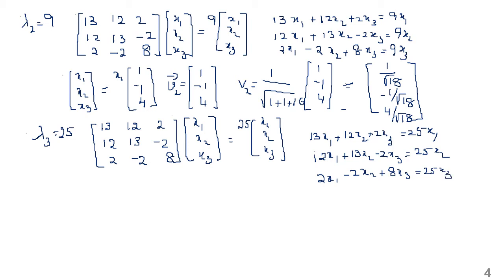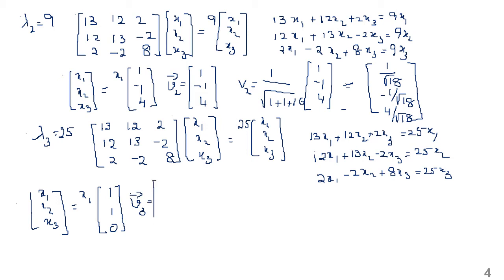When I simplify this further, I get x1, x2, x3 is equal to x1 times 1, 1, 0. So I get the third eigenvector as 1, 1, 0.